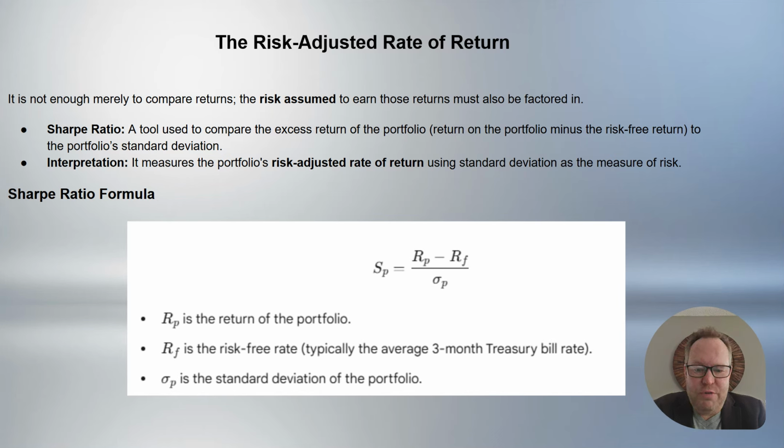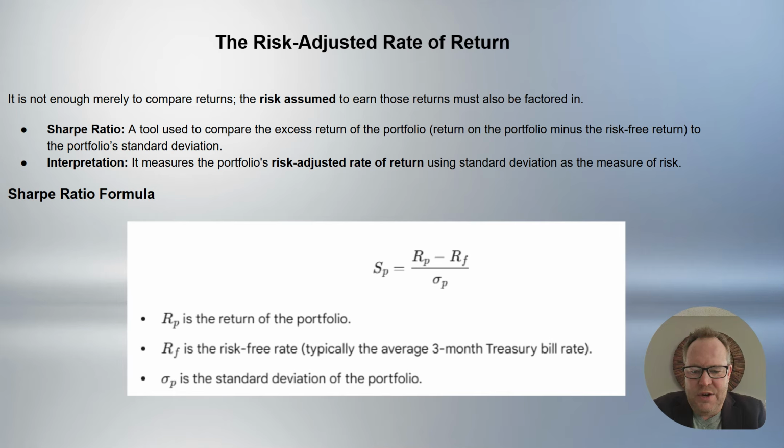So the Sharpe ratio formula you should be memorizing for the exam. So the Sharpe ratio equals RP minus RF over σP. And the RP is the rate of return of the portfolio. The RF is the risk-free rate of return, again, typically the average of the 3-month Treasury bill rate.